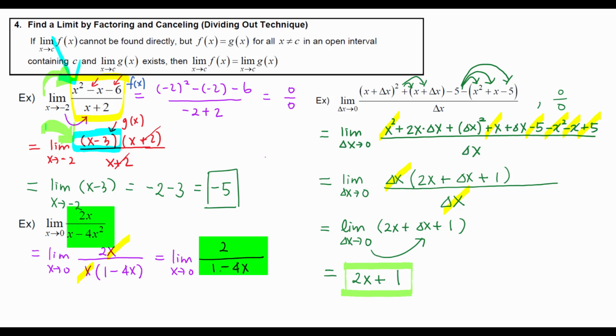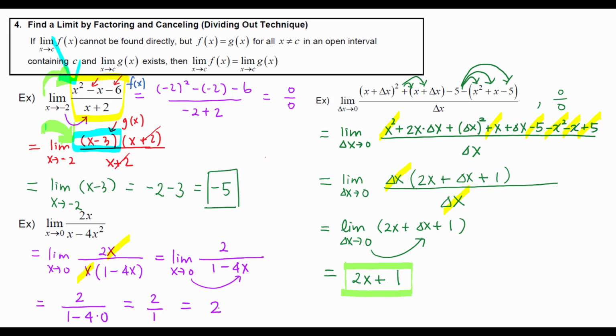These two functions are exactly the same except at one point, x equals 0. So now you can plug 0 for x and find the limit. The limit is 2 over 1 minus 4 times 0, which is 2 over 1, which is 2. So you found the limit value.